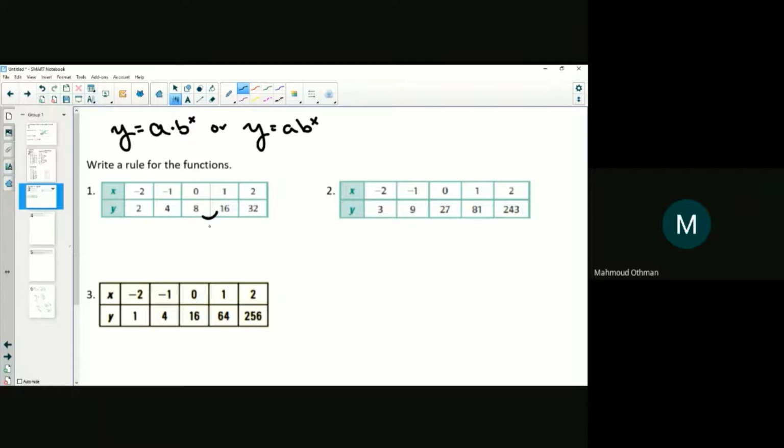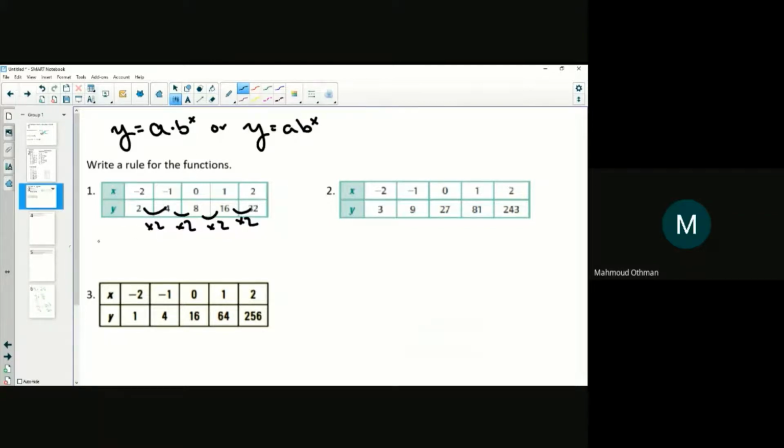So from here to here, you multiply by 2. Because from 8 to 16, you double it. You get from 16 to 32, you double it. How do you get from 2 to 4? You multiply by 2. Or you could do the opposite. Since you're going down, you divide. So I know that I keep having to multiply by 2.